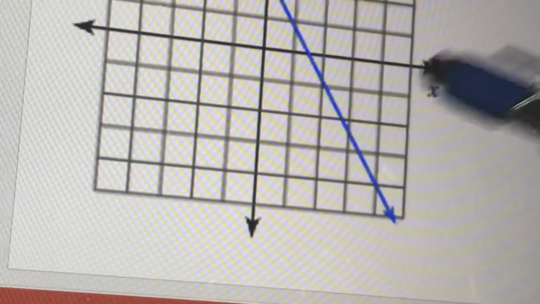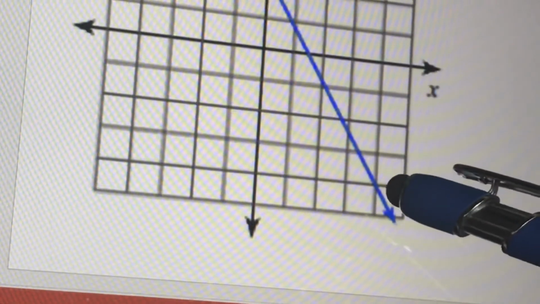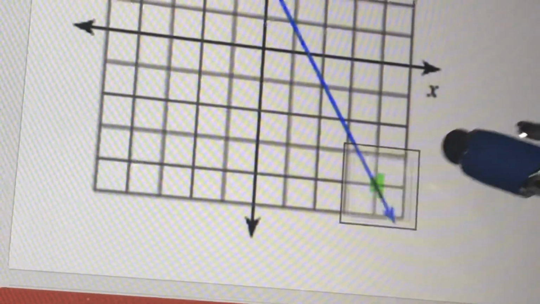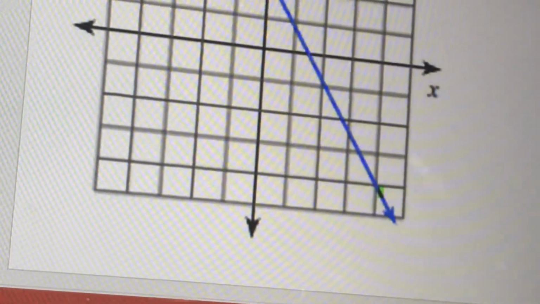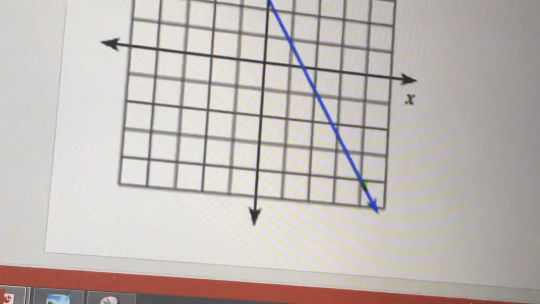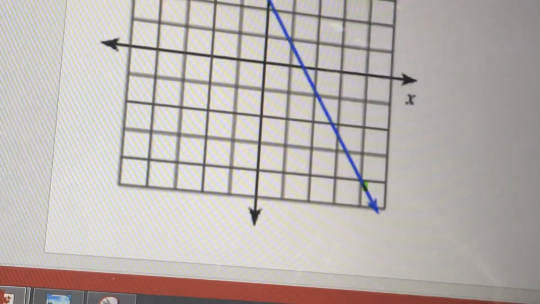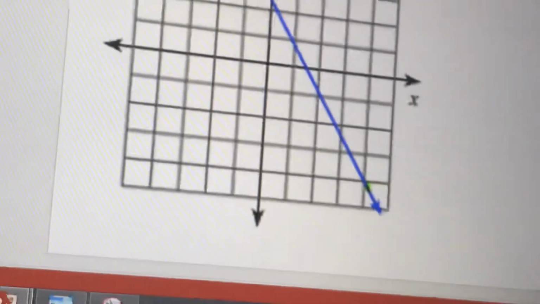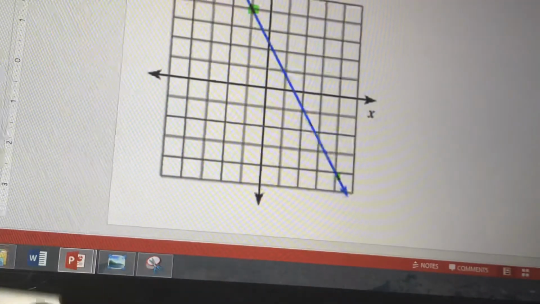It passes it. But here it does. See how this one is right in the corner there? So I'm going to use this as one of my coordinates. And my other coordinate is going to be this one over here.